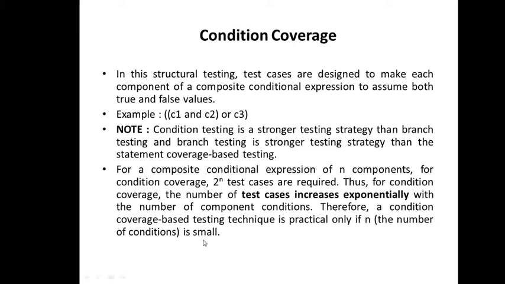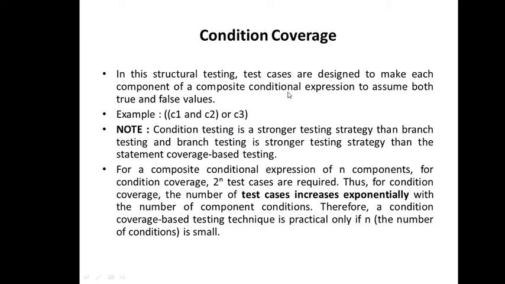Now what we have to do in this type of structural testing is design test cases to make each component of a composite conditional expression assume both true and false. You will give true and false, say this is one of the components, but again it can be C1 is equal to A plus B minus C. C2 can be some other expression, right?